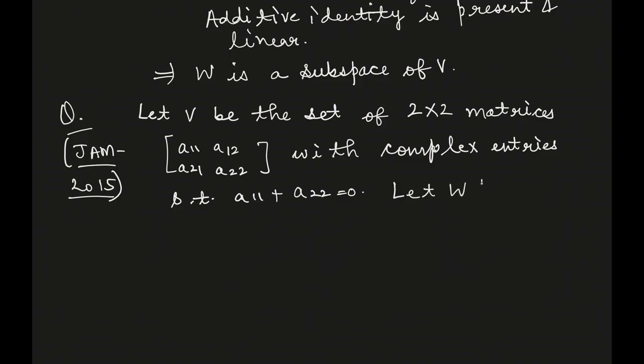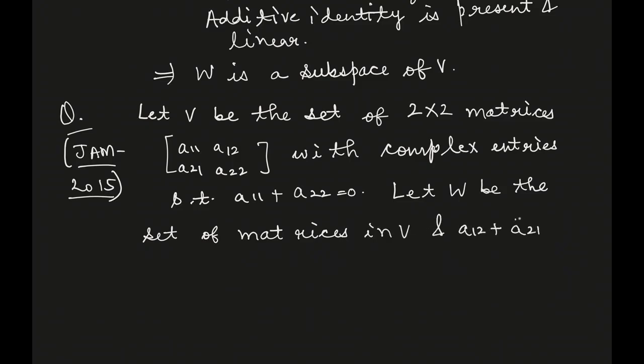Let W be the set of matrices in V with A12 plus the conjugate of A21 equal to 0.